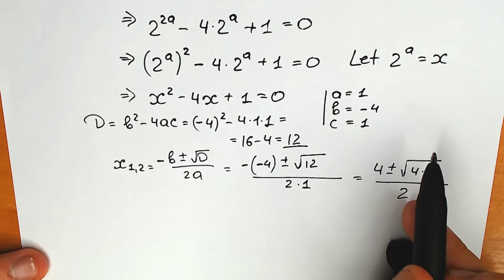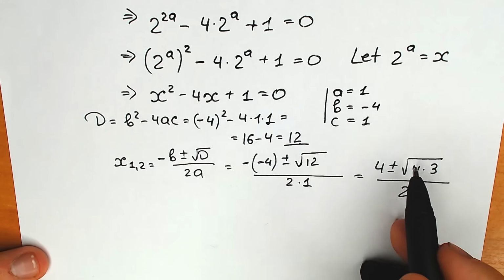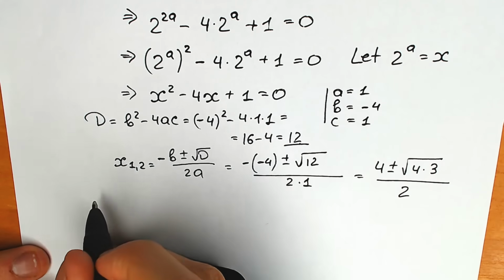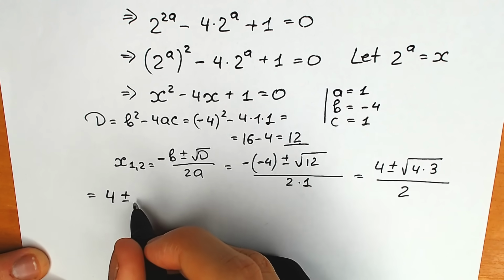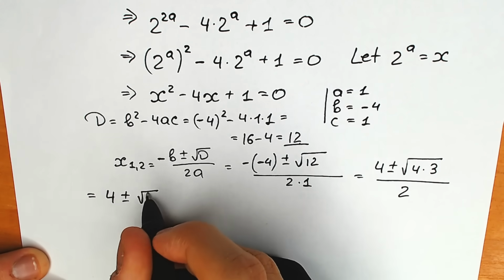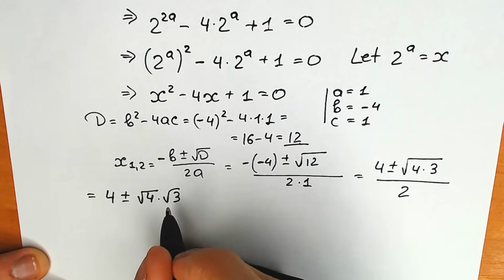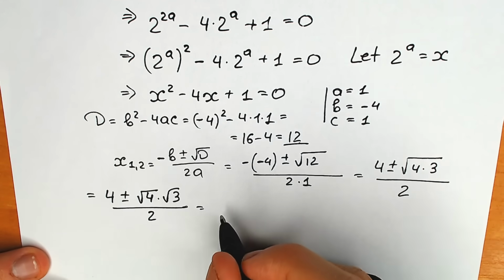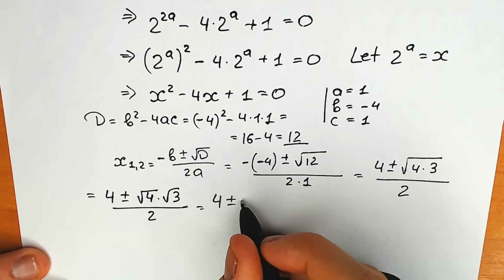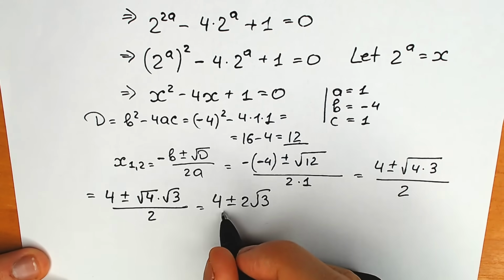So right now, let's split this multiplication inside the square root sign. We can easily do this according to a square root property. We can write it as square root of 4 times square root of 3, and we divide it by 2. Right now, square root of 4 equals 2, so we have 4 plus minus 2 square root of 3 over 2.